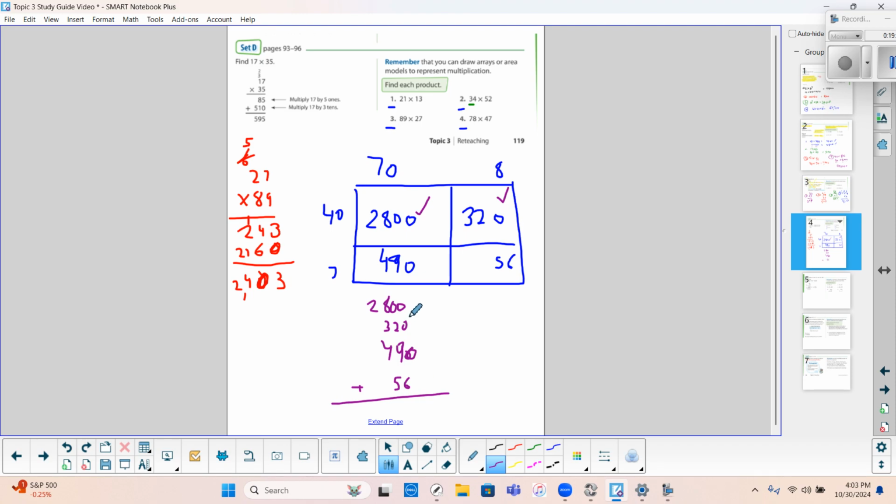So a total of 0 plus 0 plus 0 plus 6 is 6. 0 plus 2 plus 9 is 11, plus 5 is 16, so 6 here, carry the 1. 1 plus 8 is 9, plus 3 is 12, plus 4 is 16, carry the 1, and 1 plus 2 is 3. So the answer to this one is 3,666. That's how you do set D.